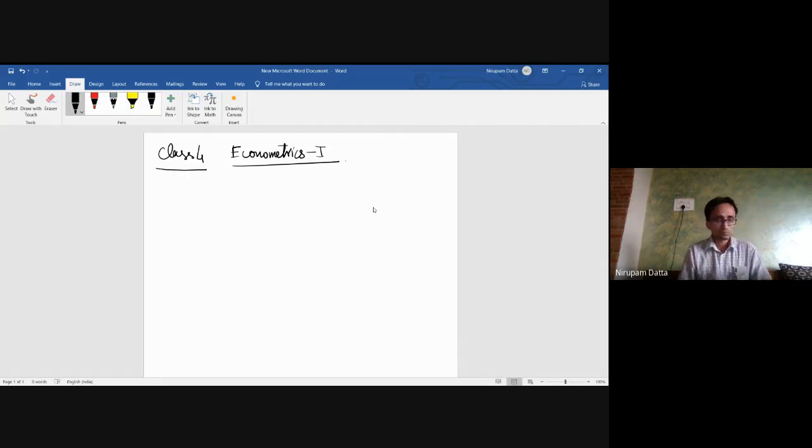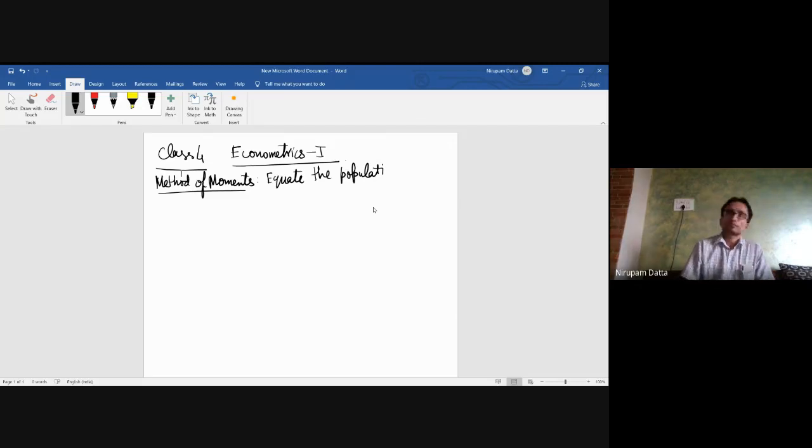So now we'll talk about method of moments. Method of moments is also an estimation technique whereby we equate the population moments. So what are the moments of any distribution of population? Mean, variance, then mode. So these are the moments of any distribution.